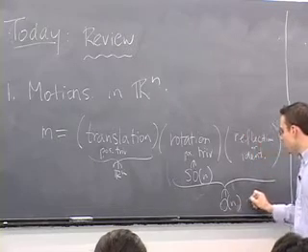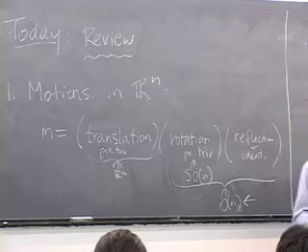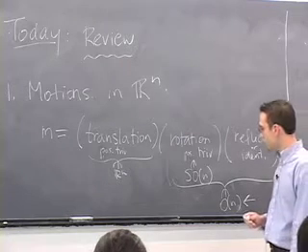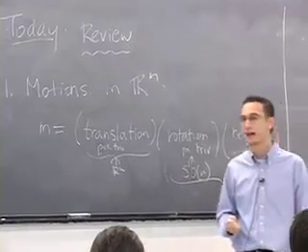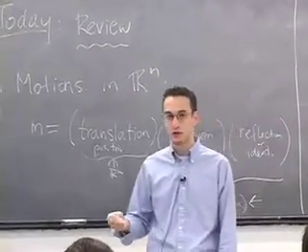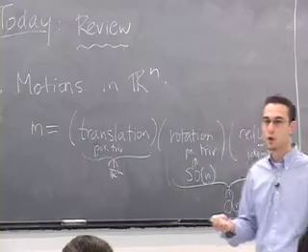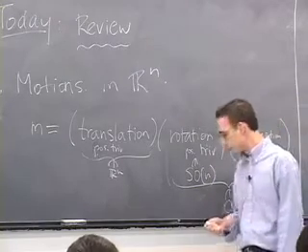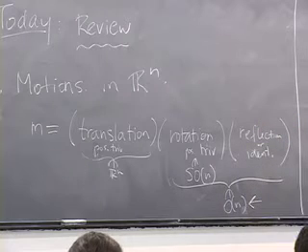So it's important that you remember the definition of the orthogonal group. It's equivalently the set of matrices in GLn such that the transpose of that matrix is its own inverse, or put another way, the column vectors of the matrix form an orthonormal basis.